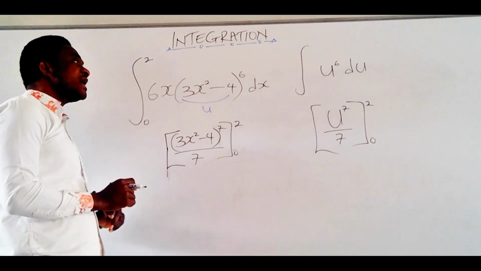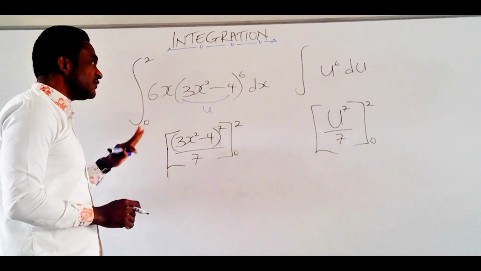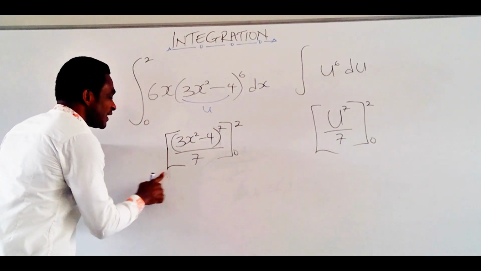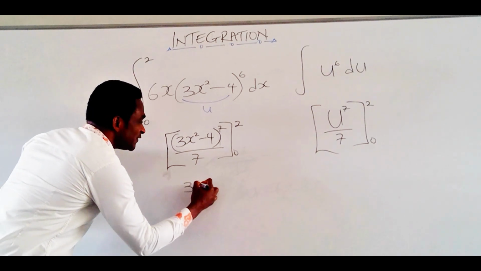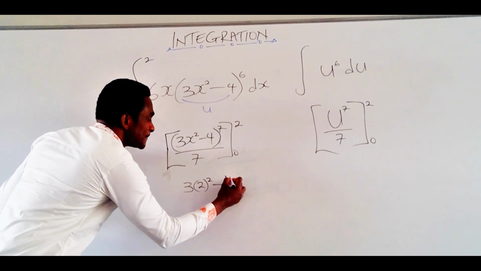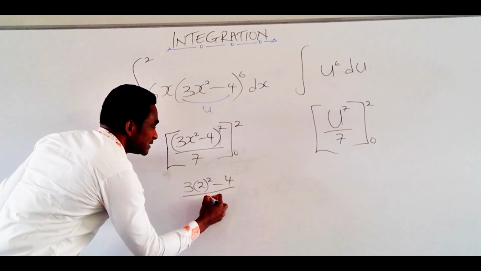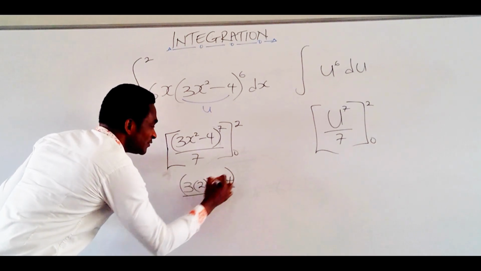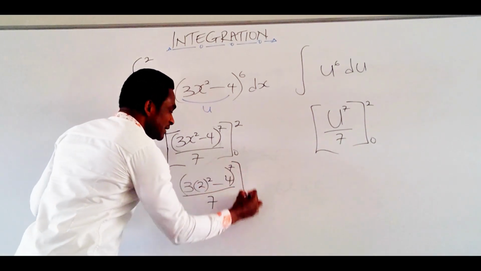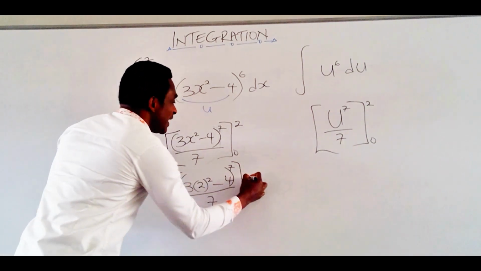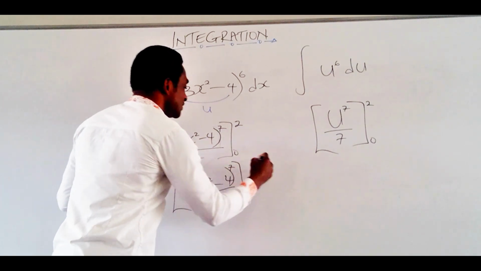Now let's get the area under the curve, or the value after integration. Replace x with 2: the content of the bracket raised to the power 7 over 7, and then this will be minus everything.